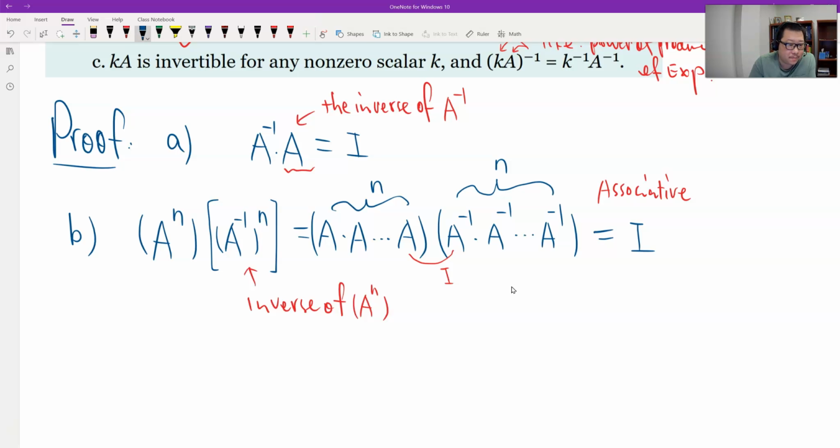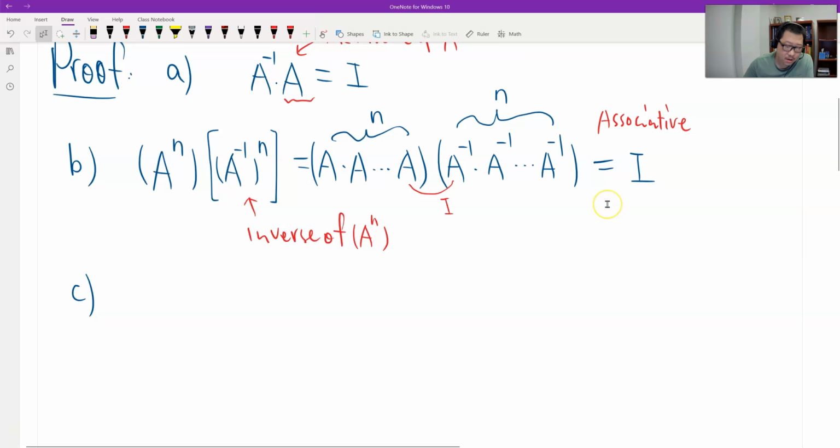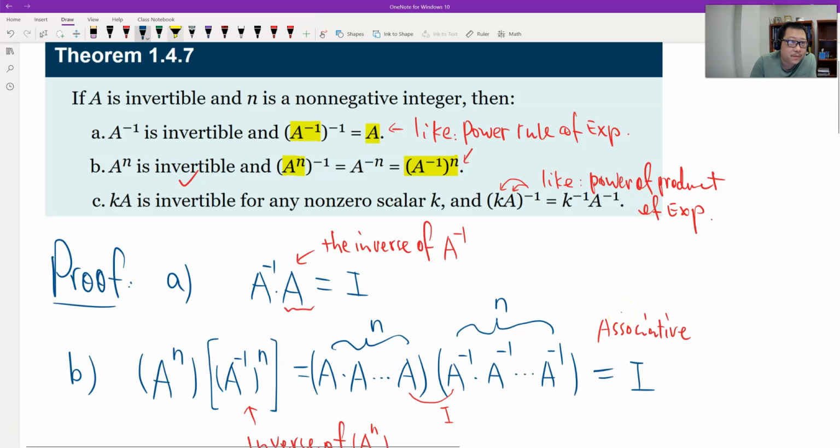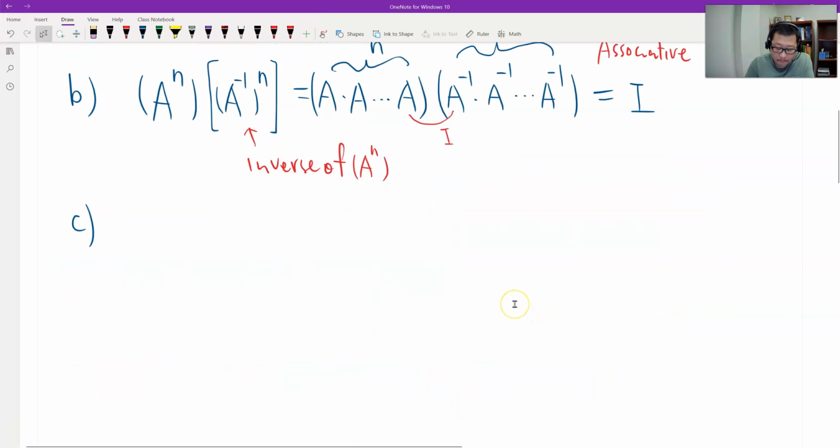Then look at C: k times A is invertible. If I find the inverse, of course it's invertible. The inverse of this matrix we need to find is this one, so we verify that they multiply together to give the identity.